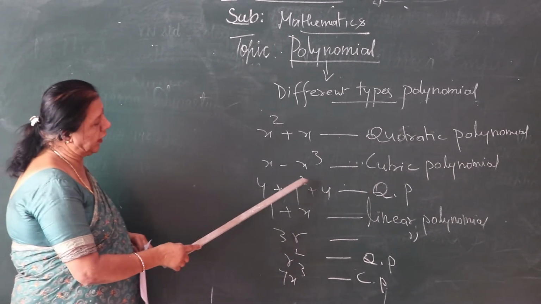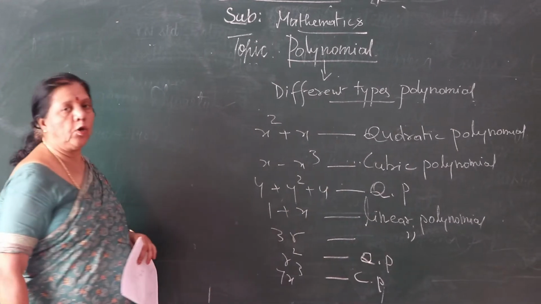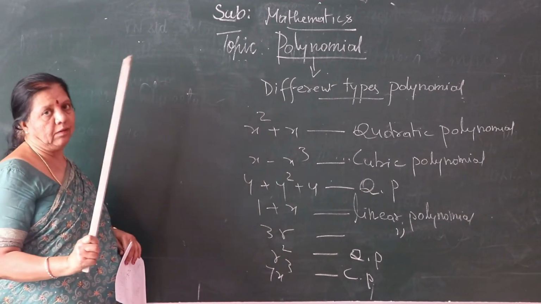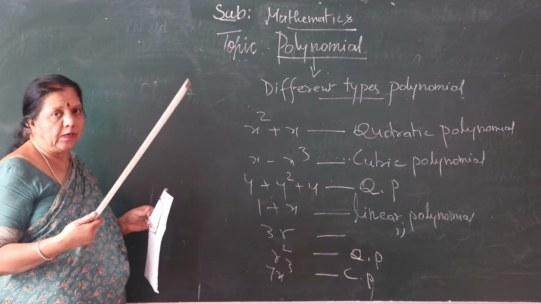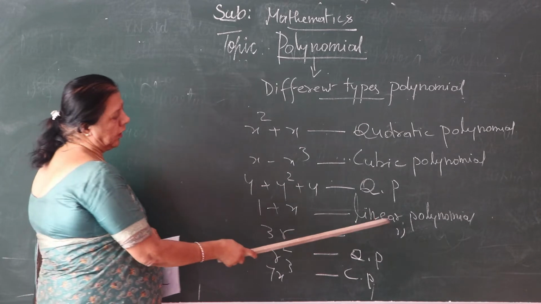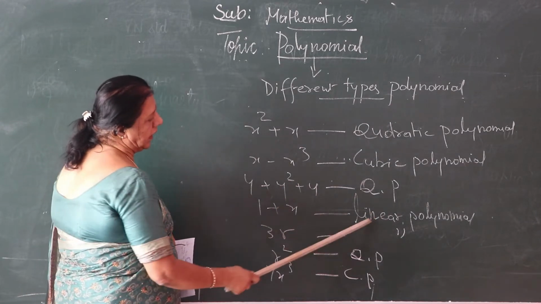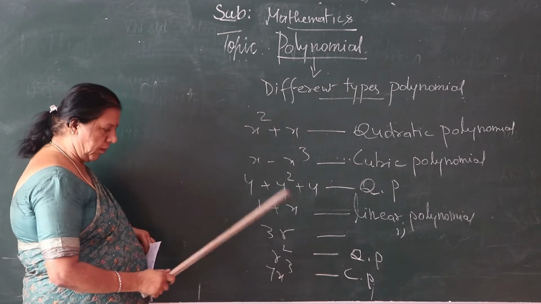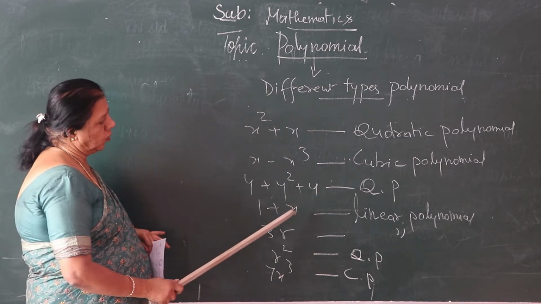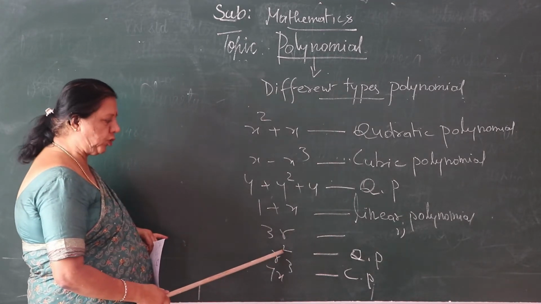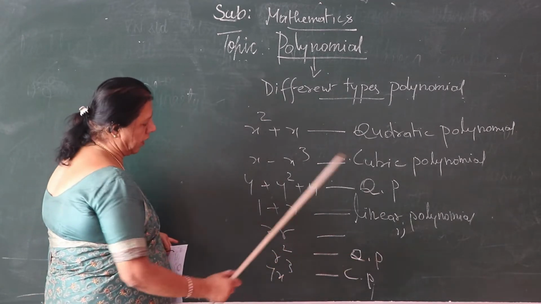This is 2 degree, so quadratic polynomial. Here there is no power mentioned, but the power is 1. If the number is not mentioned, the power is 1. Therefore, single variable, this is a linear polynomial. Here also the degree is not mentioned, so this is also a linear polynomial. This is 2, a quadratic polynomial.